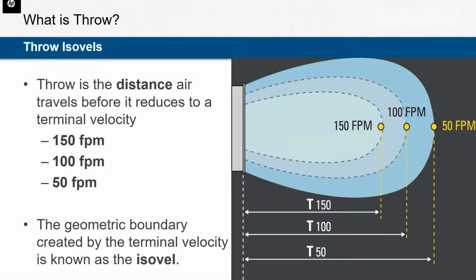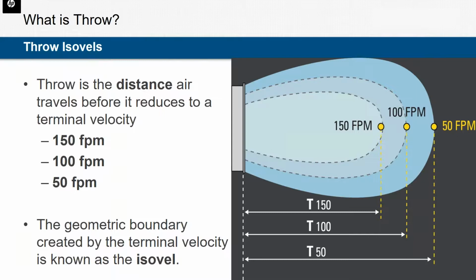So throw, this is a term that we use to denote the distance the air travels before it reduces to a specific velocity. We'll never say how far the air travels before it stops, because technically the air will never stop.